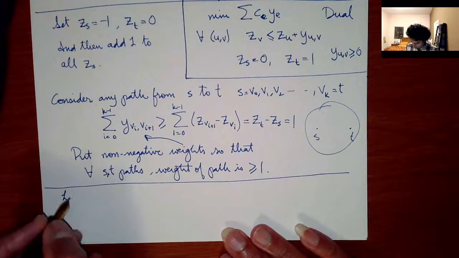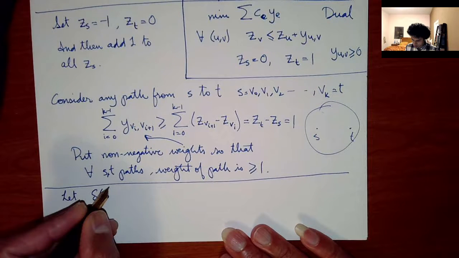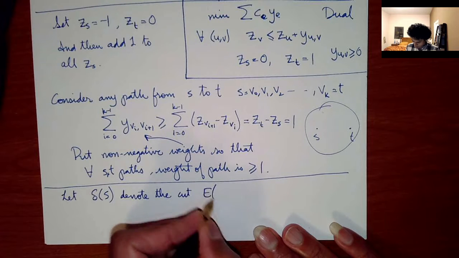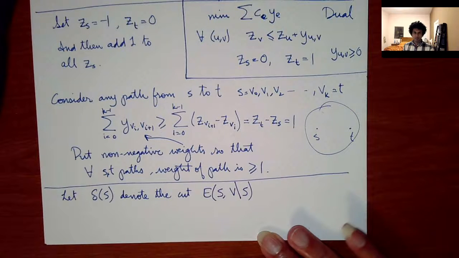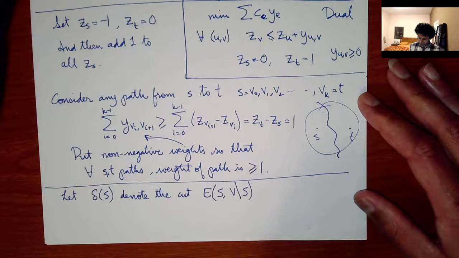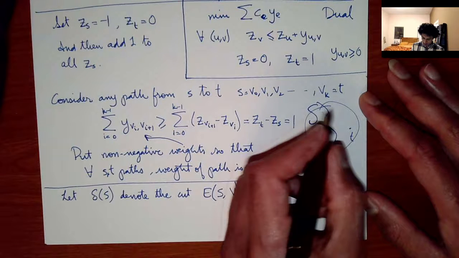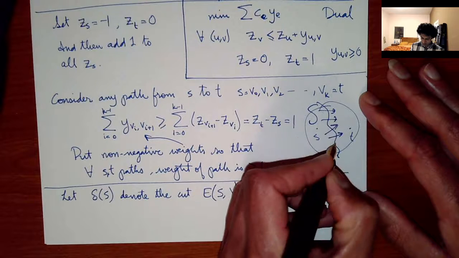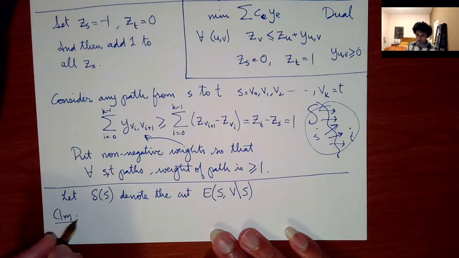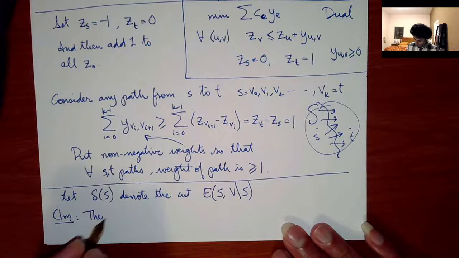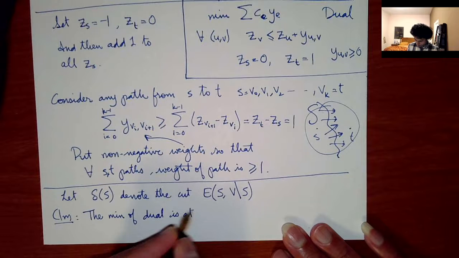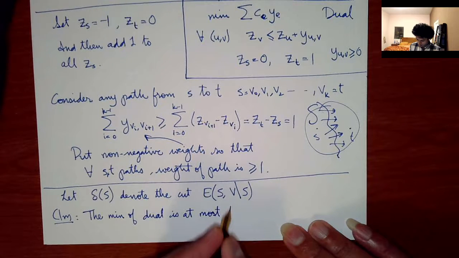I'm going to let delta S denote the cut, the edges going from S to V minus S. That's just saying that if you took any cut of this form, where this is capital S, then these edges are delta S. And so let's first prove the simpler claim that the min of the dual is at most the min S-T cut.